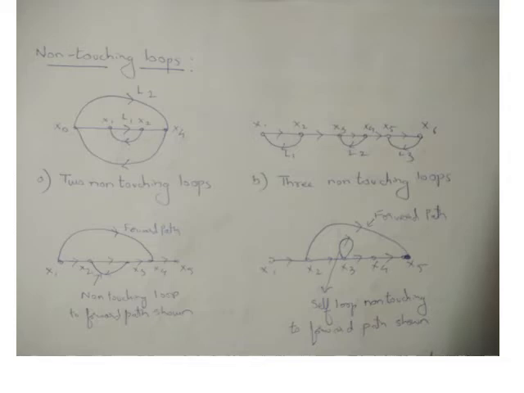So this is a self loop non-touching to the forward path. The first forward path is obviously touching the node, but the second forward path is not touching this loop. This is required when we go to Mason's gain formula. At that time we have to consider how many single loops, 2 loops or 3 loops are not touching the forward path. We'll see that when we go to Mason's gain formula.